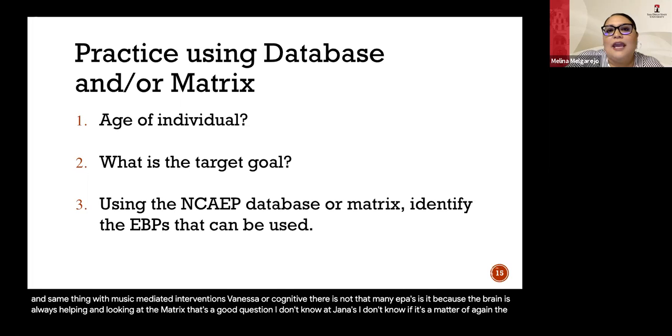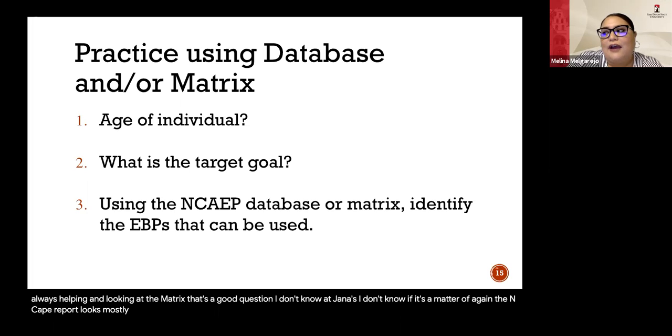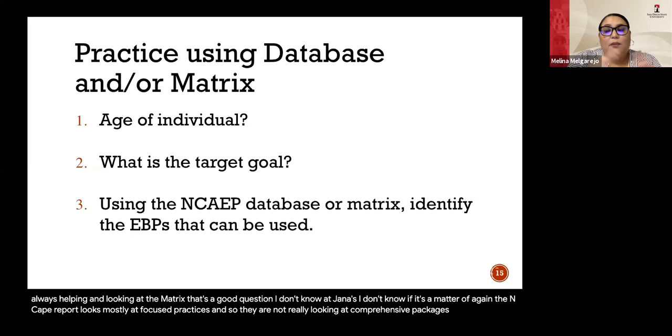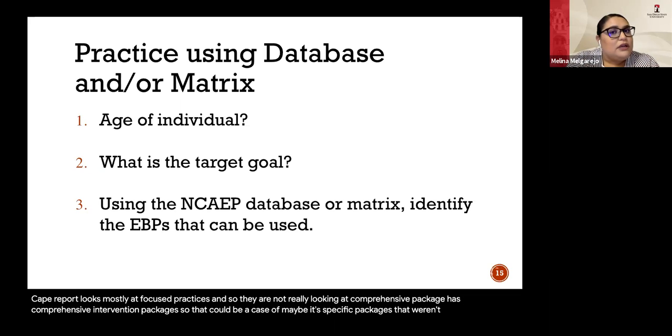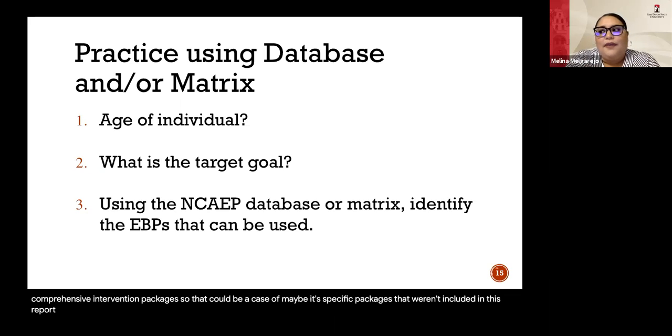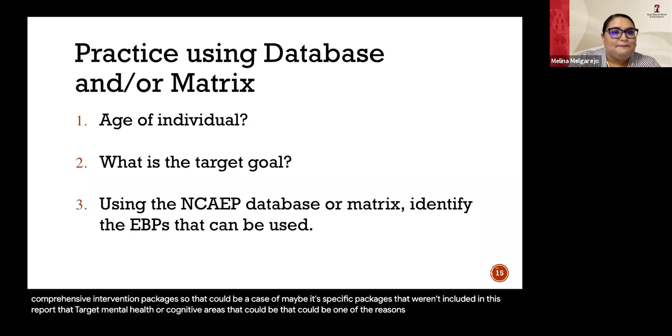Again, the NCAEP report looks mostly at focused practices, and so they are not really looking at comprehensive intervention packages. So that could be a case of maybe it's specific packages that weren't included in this report that target mental health or cognitive areas. That could be one of the reasons.